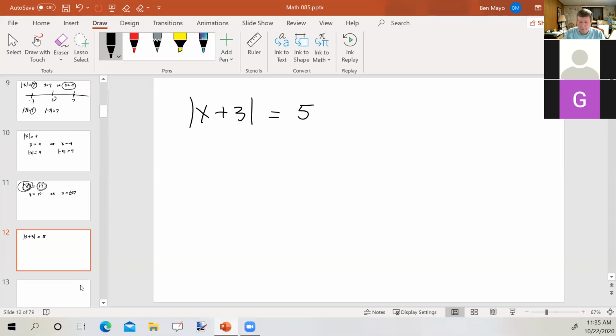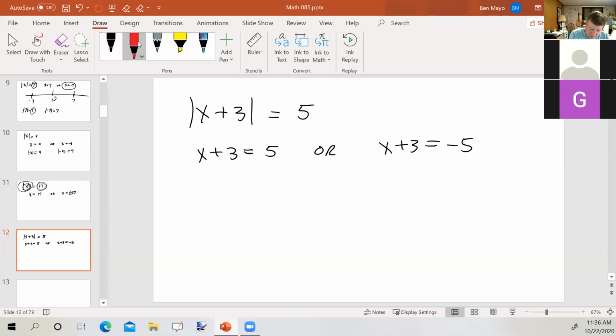So the absolute value of x plus 3 equals 5. That means that x plus 3 equals 5, or x plus 3 equals the opposite of 5. Because again, if what's inside here equals 5, and we take its absolute value, we get 5.